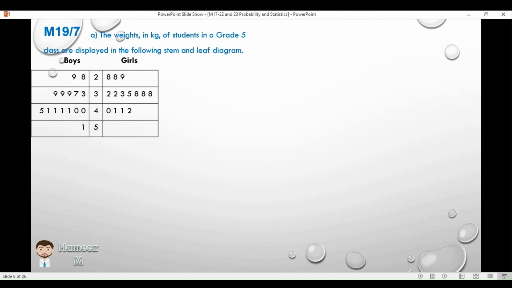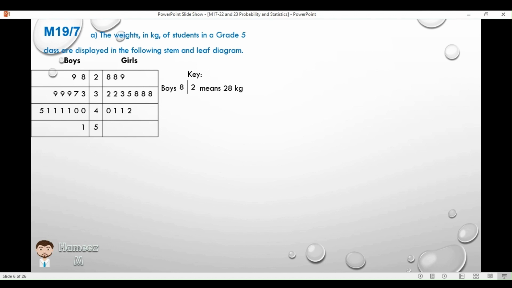So the middle column works for both the left side information, which are the boys and their weights, and it works for the right side as well, for the girls' weights.